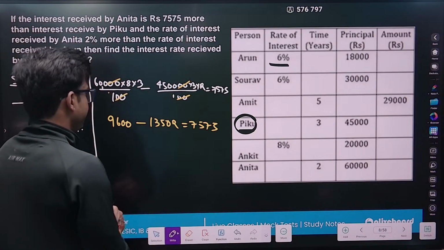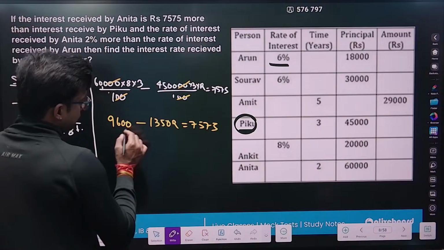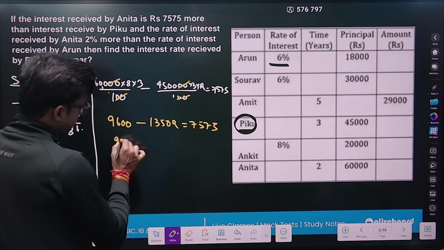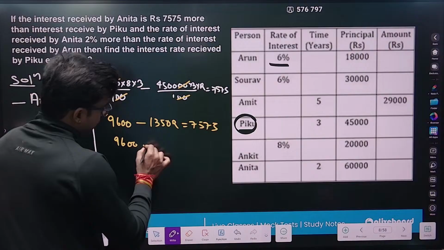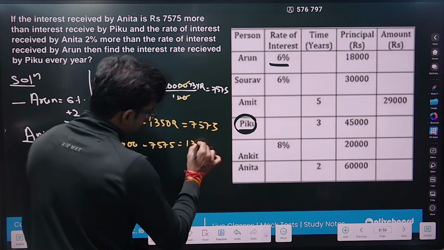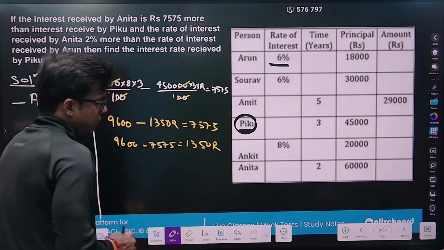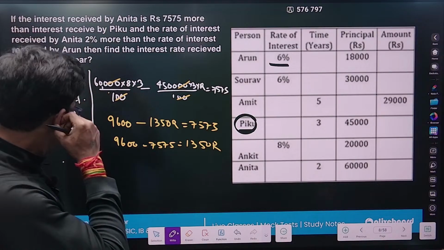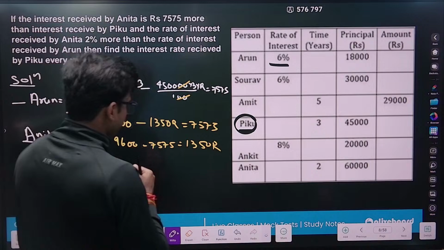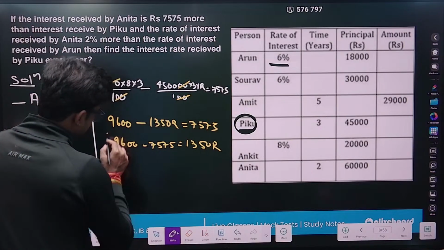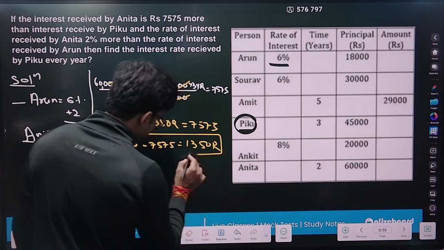Now 9600 minus 7575 equals 1350 R, correct? So you need to solve this. Basically this is the equation, everyone.